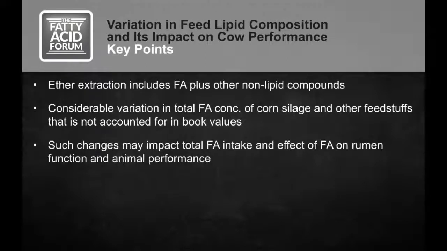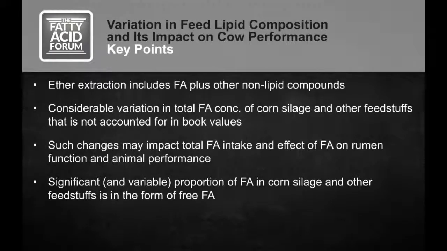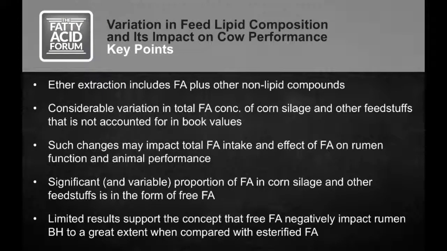Such variation in fatty acid concentration may impact total fatty acid intake and the effect of fatty acids on rumen function and animal performance. And there is a significant and variable proportion of fatty acids in corn silage and other feeds that is in the form of free fatty acids. And limited results do support the concept that free fatty acids may negatively impact rumen biohydrogenation to a greater extent when compared with esterified fatty acids.